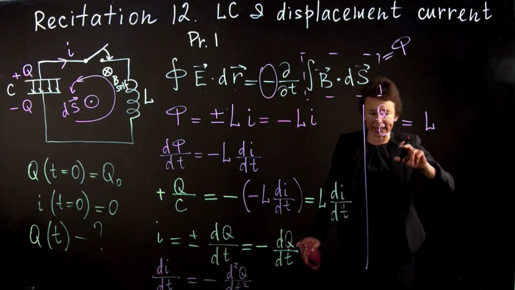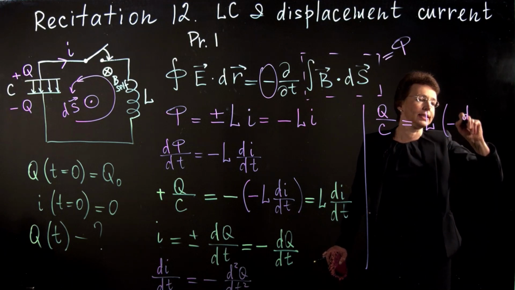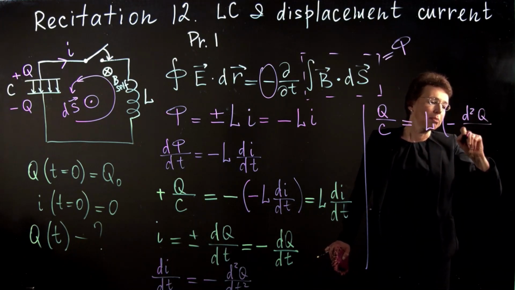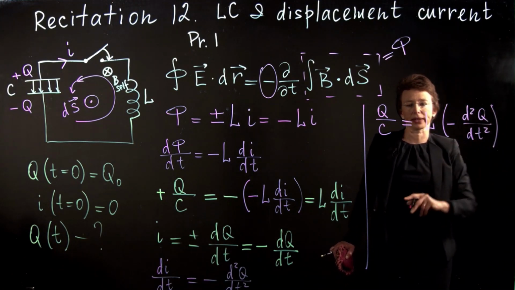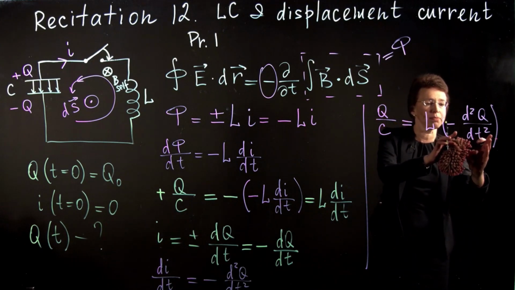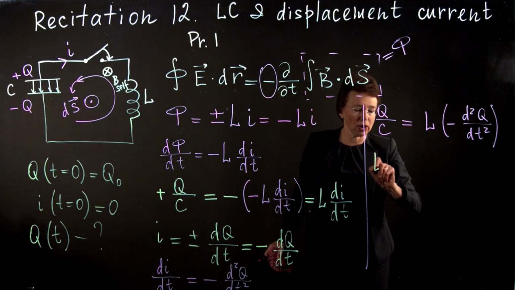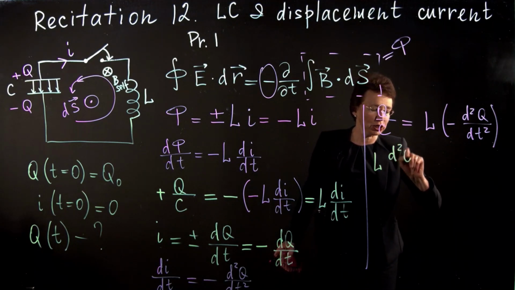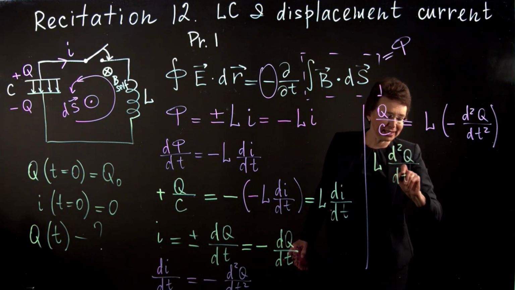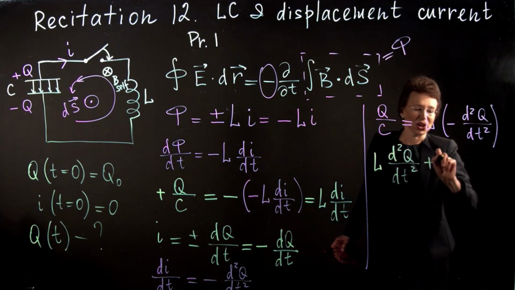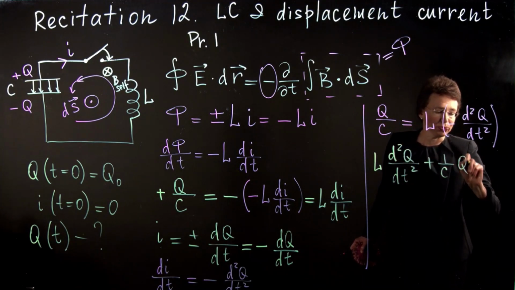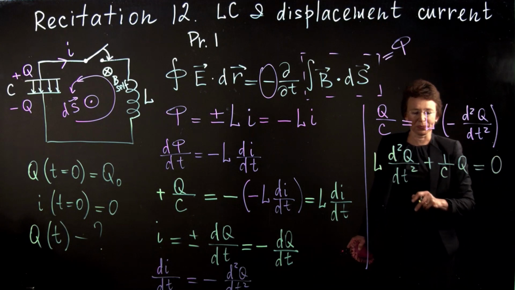So it is L times minus d2q by dt squared. And then I bring this to the left, and it comes with plus, so I have L d2q by dt squared plus 1 over C q, and this is equal to 0.